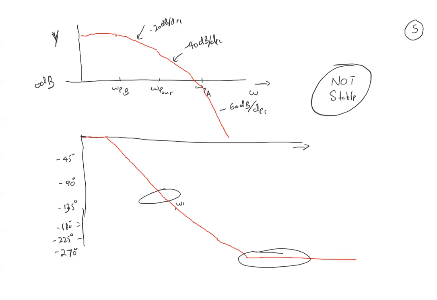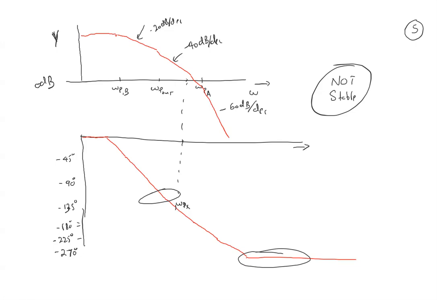If this is the phase crossover frequency, we want the unity gain to come here. If it's not coming here, something is wrong and the system is not stable. So we need to do something to make this system stable, because as it is, the system cannot be in a working condition.